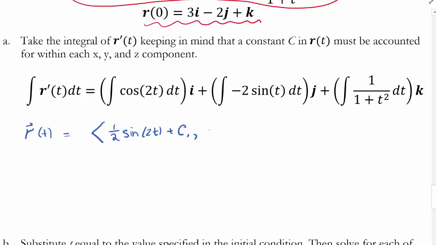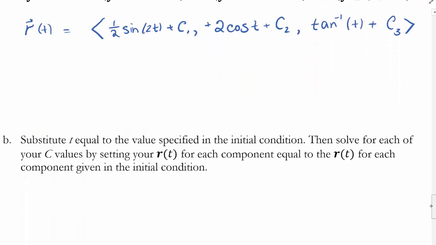And then the antiderivative of -2 sine t is going to be +2 cosine t plus c2. And then 1 over 1 plus t squared has an antiderivative of inverse tan. That's just one you need to have memorized, plus c3. So there's my antiderivative for r of t.